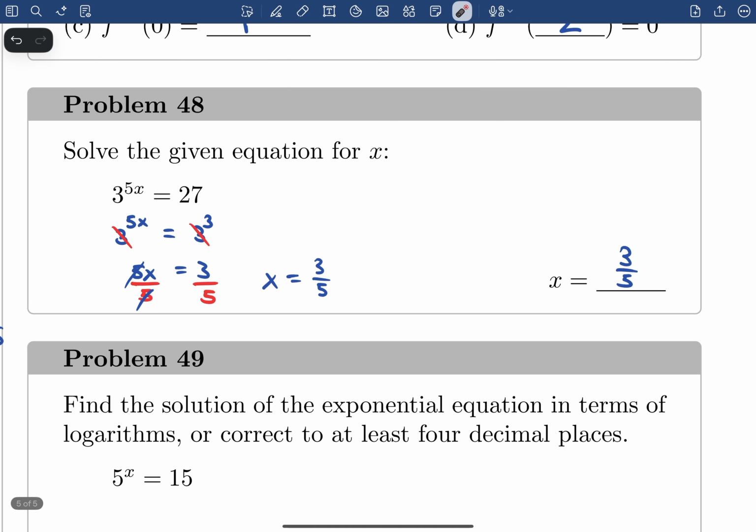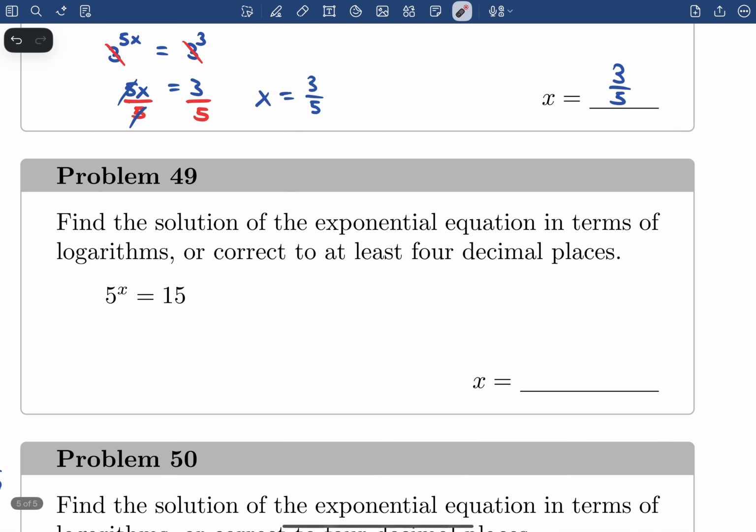That's it. Number 49, find the solution of the exponential equation in terms of logarithms, or correct at least to 4 decimal places. Okay, so checking this out, I have 5 to the x equals 15.